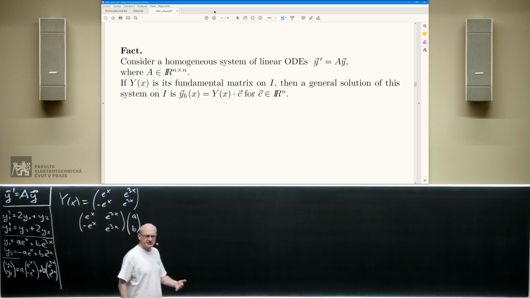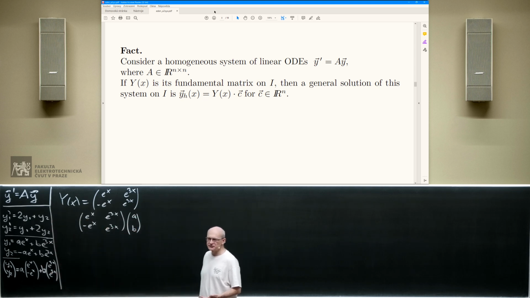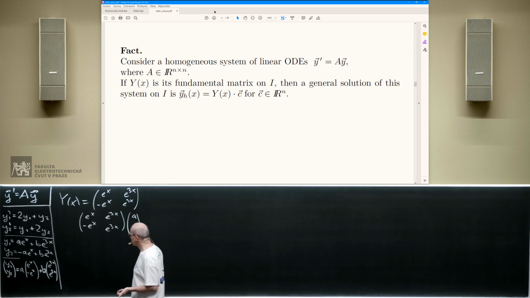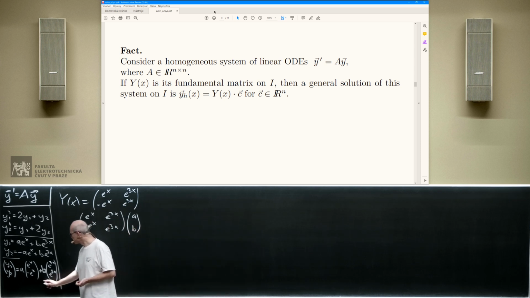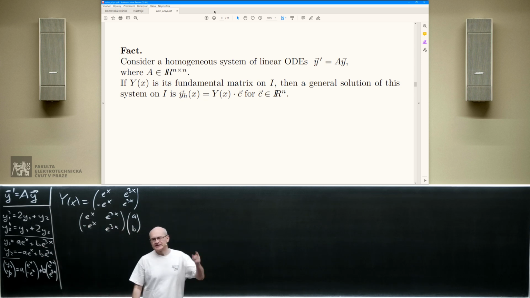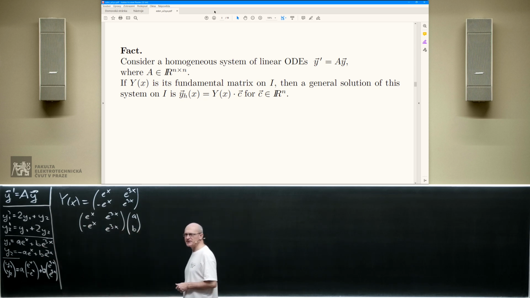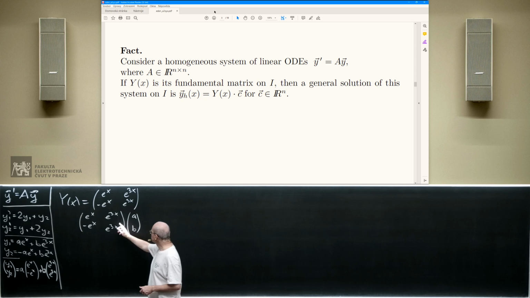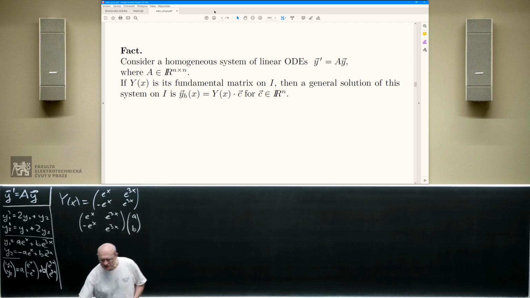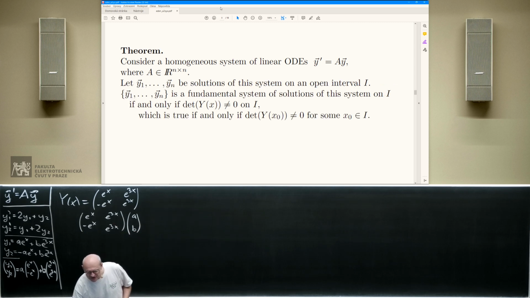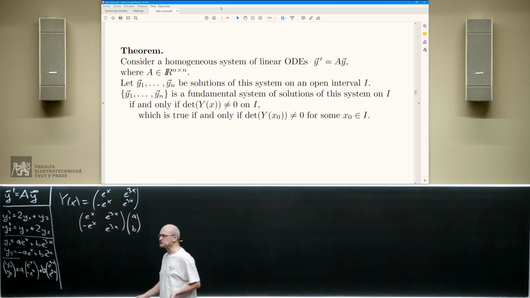And then we say, okay, is it a fundamental system? Well, we have to check on several things. First of all, we have to check that these guys are actually solutions, and that's easy. We just plug them in and see that it works. And then we have to show that they are linearly independent, and that's exactly what this matrix can do for us, just like the Wronski matrix or the Wronskian for linear differential equations.